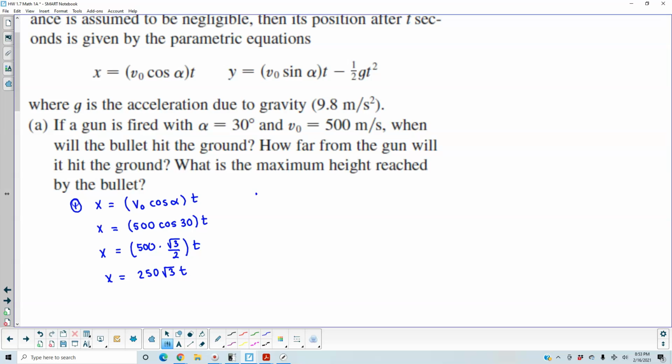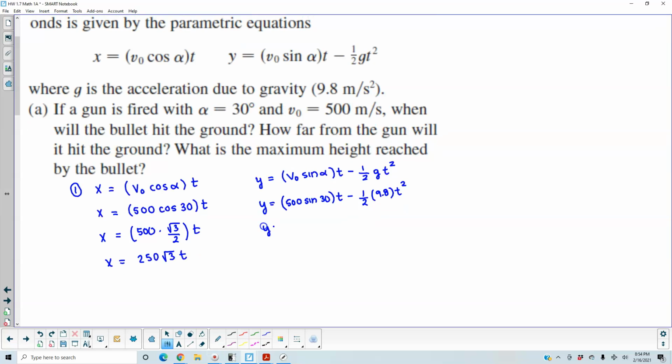And now we need to look at the parametric equation for y. So y is going to equal the velocity times the sine of the alpha angle times t minus 1/2 of gravity t squared. So again, let's plug that in. We have the velocity again, 500 meters per second, times the sine of 30 degrees, times t minus 1/2 times 9.8 t squared.